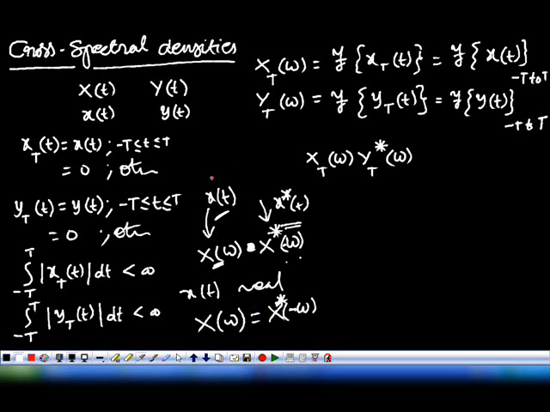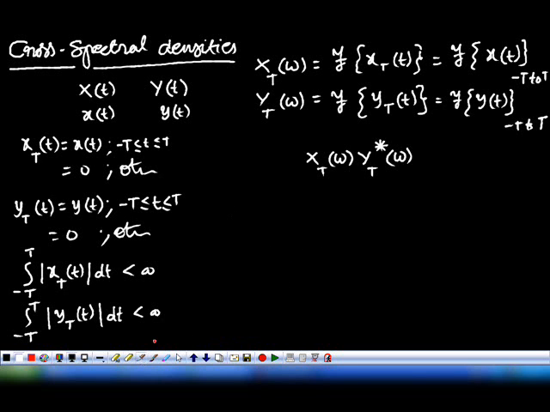Why? Because if x of t is real, x of t is equivalent to x star of t, then X of omega is equivalent to X star of minus omega. That is the conjugate symmetry property of the Fourier transform.